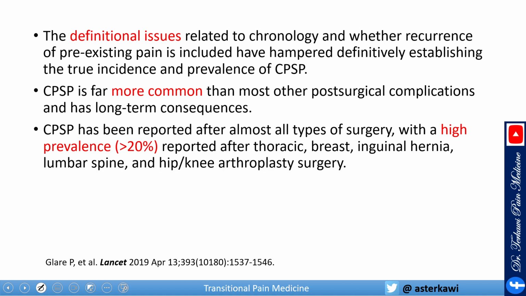Indeed, if you look at much of the literature, the prevalence can be higher than 20%, especially with certain surgeries like thoracic, breast, inguinal hernia, lumbar spine, knee, and hip replacement.